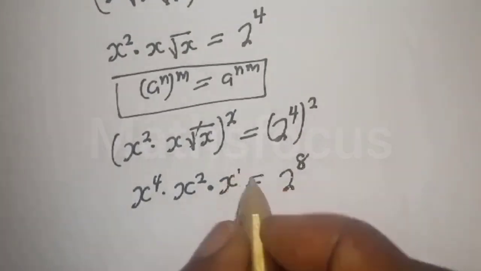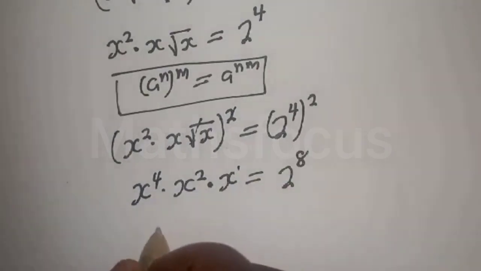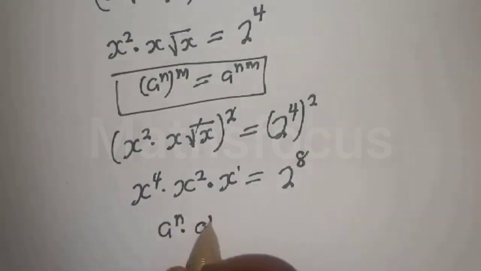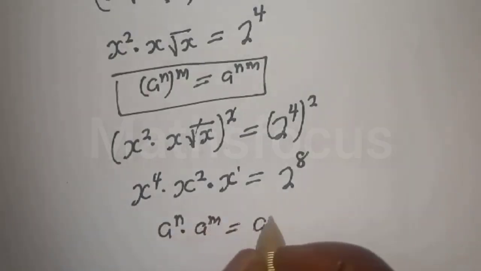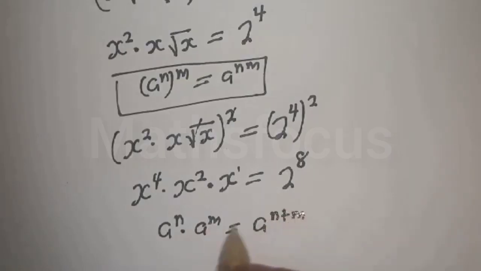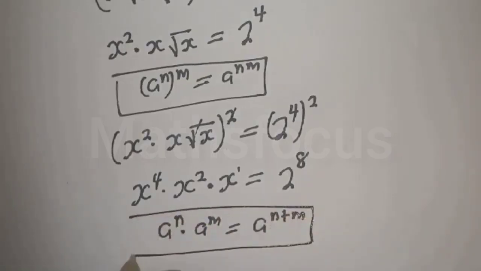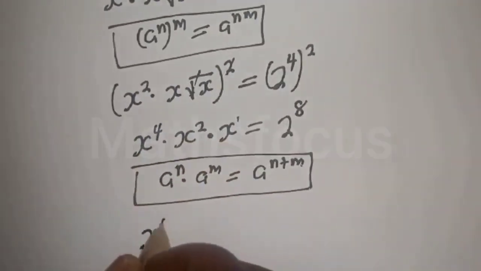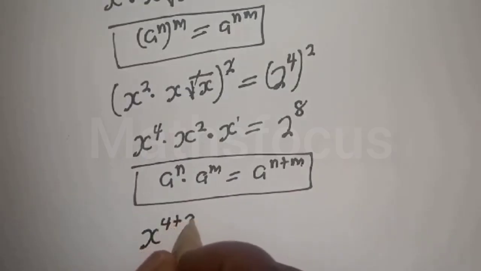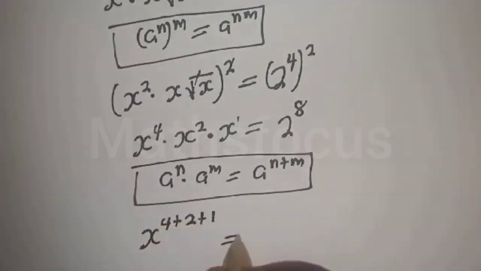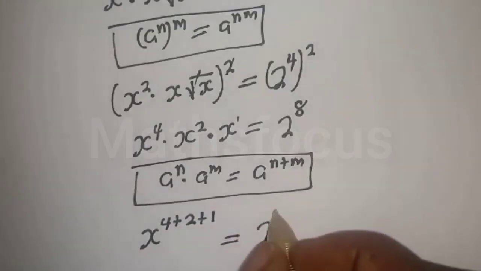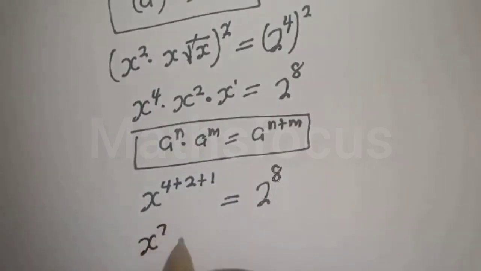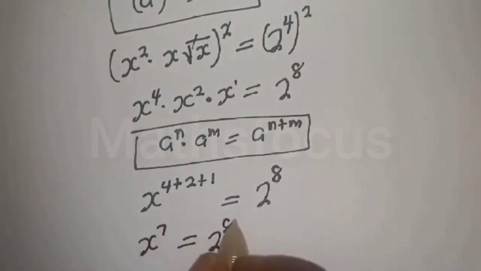Now this is also raised to power of 1. Take note of this rule that a raised to power n multiplied by a raised to power m is equal to a raised to power n plus m. The whole of this is s raised to power 4 plus 2 plus 1 is equal to 2 raised to power 8. And s raised to power 7 is equal to 2 raised to power 8.